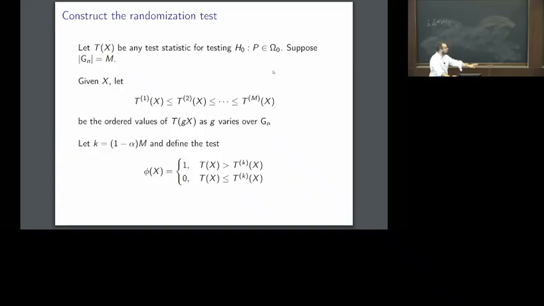So here, to make things easier, I'm assuming that I'm hitting an integer with 1 minus alpha times m. That need not be true. If it's not true, then I need to allow for some randomization for tie cases, or make it a little bit more conservative and reject instead of randomizing.